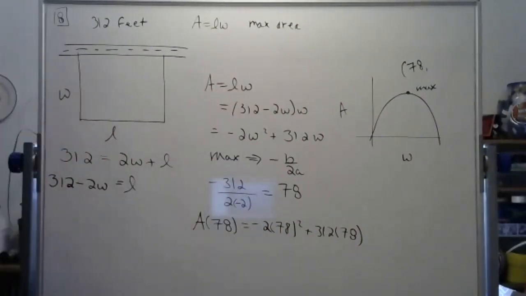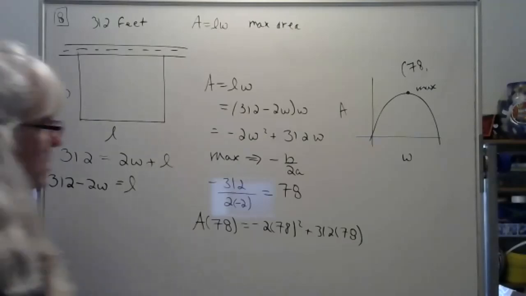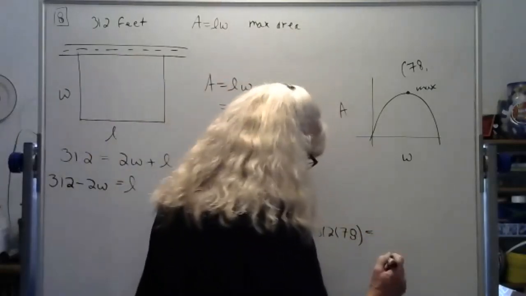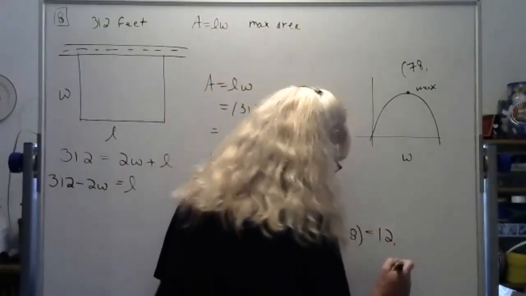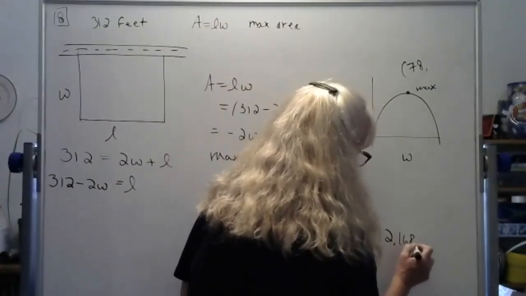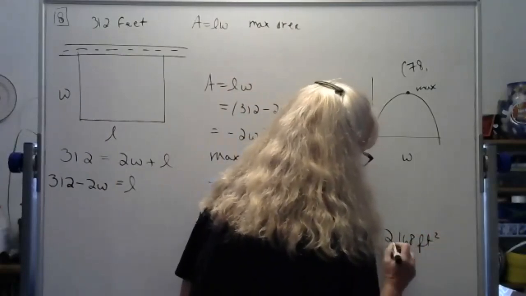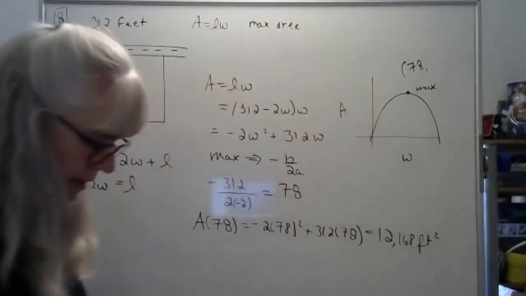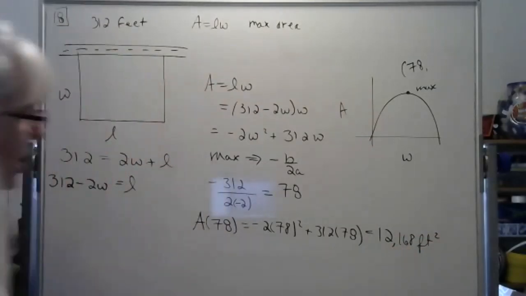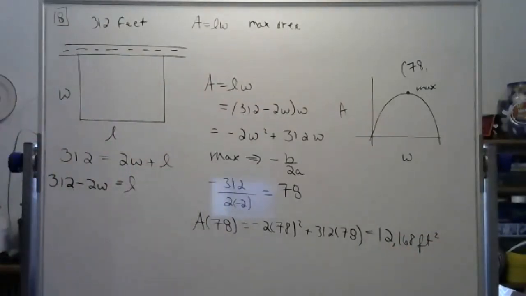So let's see, negative 2, 78 squared plus 312. These are bizarre numbers. I wonder where I pulled the problem from. So 12,168, and we're in square feet. So the largest area that we can enclose is going to be a little over 12,000 square feet.